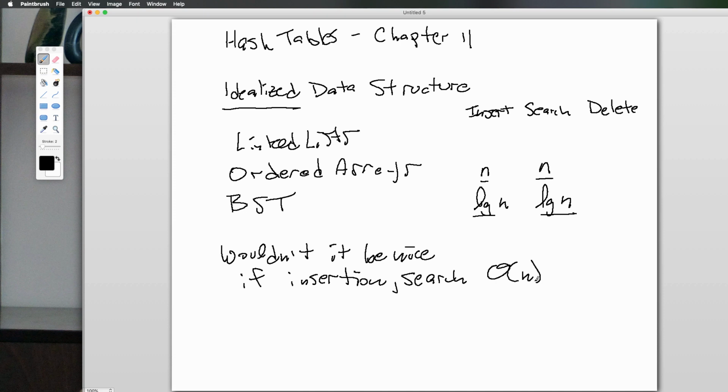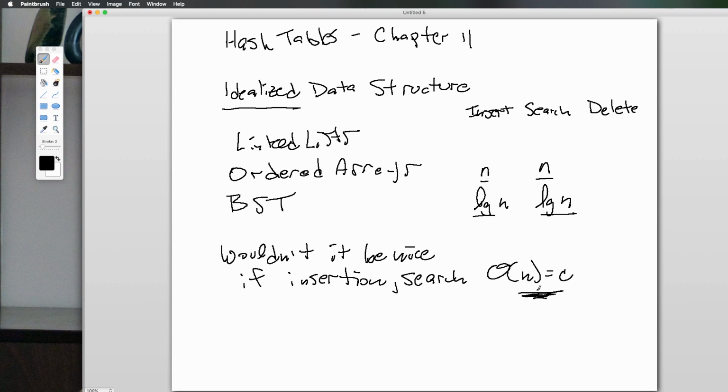Big O of n is equal to just a constant. Wouldn't that be remarkable? That would be a whole lot better than these guys right over here. And basically, a hash table is an attempt at coming up with a data structure that can obey this time complexity.